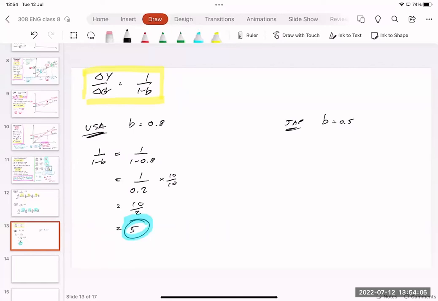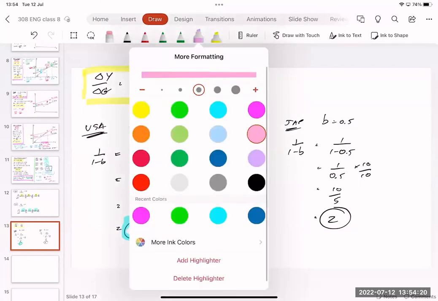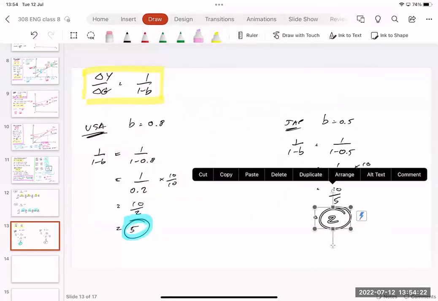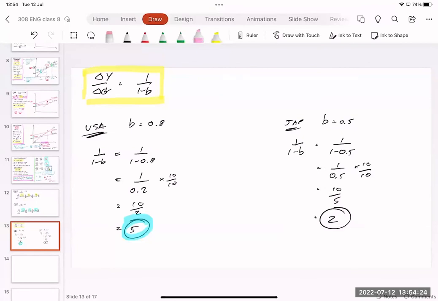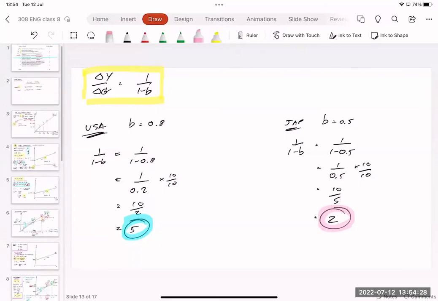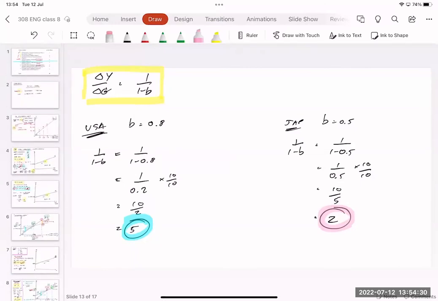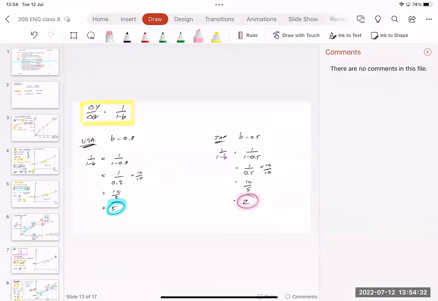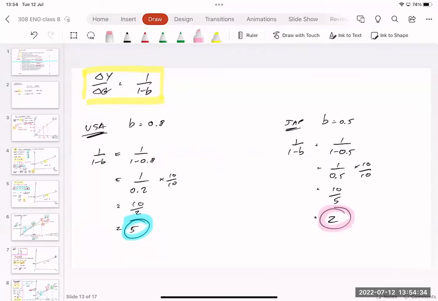Compared to Japan, 1 over 1 minus B equals 1 over 1 minus 0.5 equals 1 over 0.5. If you multiply 10 by 10, you get 10 over 5, which is equal to 2. You see that? In Japan, when the government spends 1 more unit, the economy is going to grow only 2 units, or 2 times. The multiplier effect in Japan is lower than in the USA.